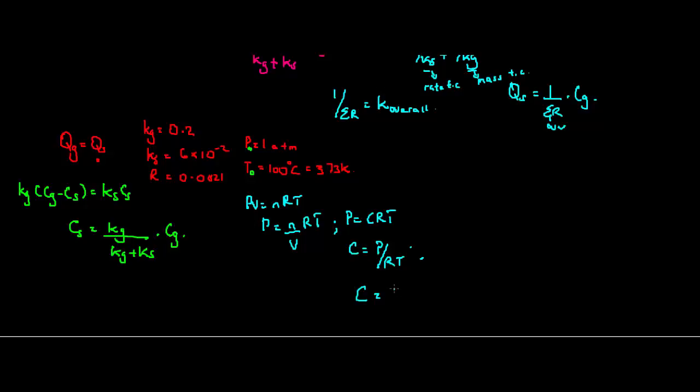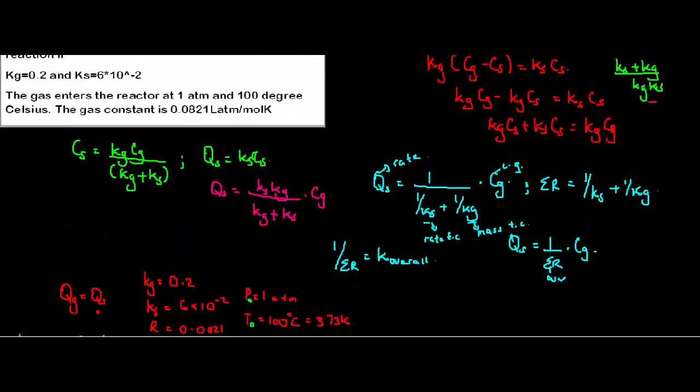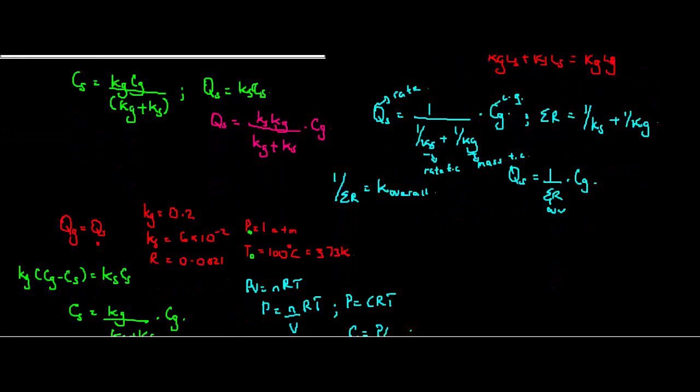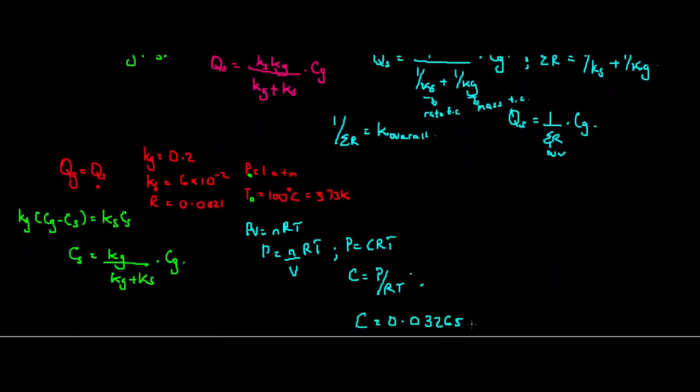You get your concentration to be 0.03265. Check your units, please be very careful about your units. So you have mole per liter. I got the mole per liter from the gas constant. That's a very obvious thing. So this is equal to 1 over 0.0821 times 373.